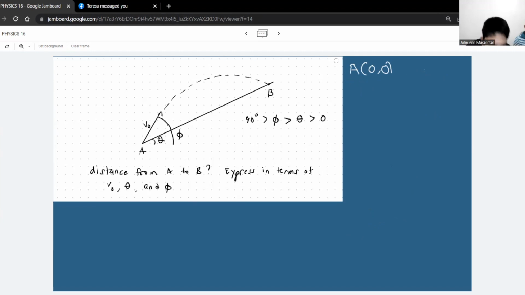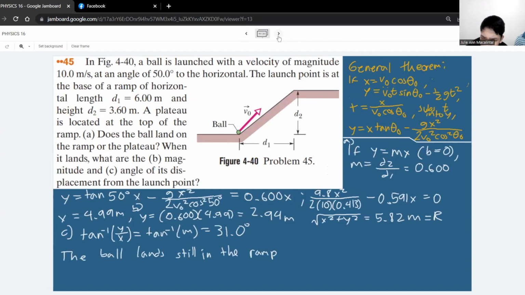Tapos, let yung distance. So, kung gusto mo, pwede tayo mag-define, to make it easier, define the auxiliary variable D to be equal to AB.